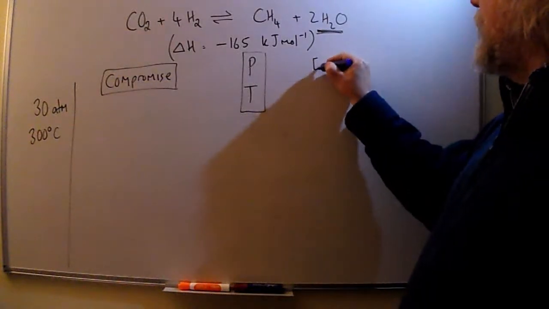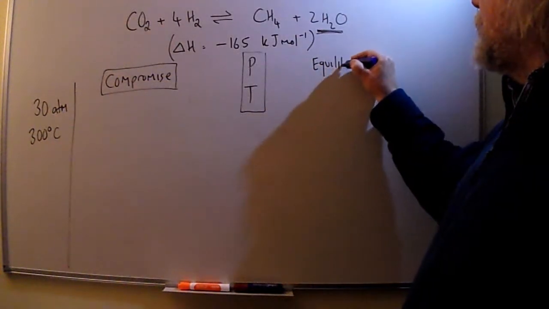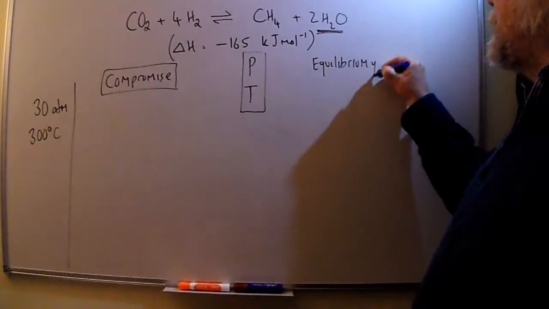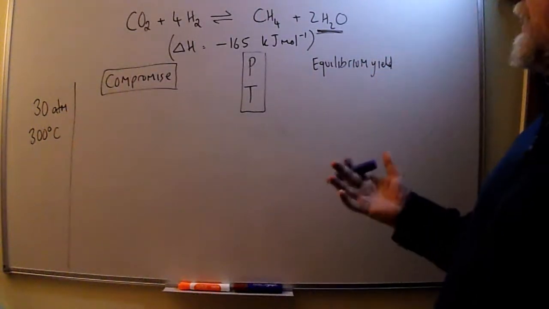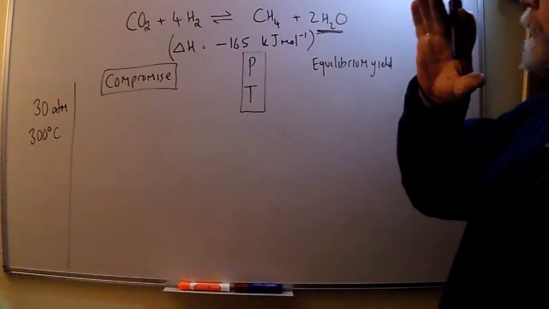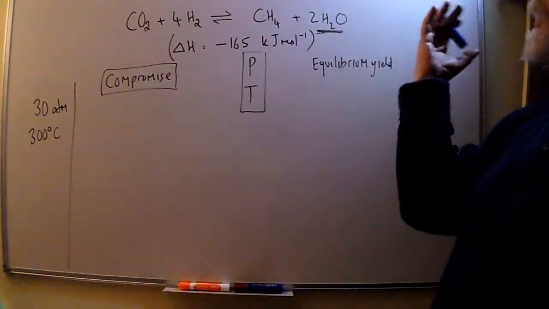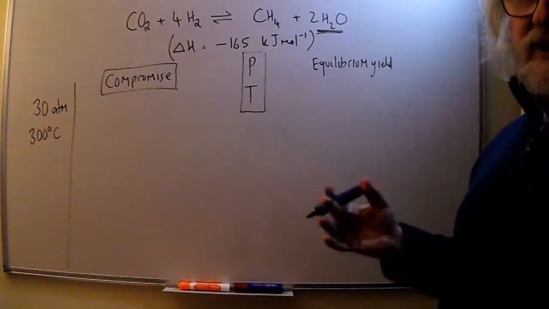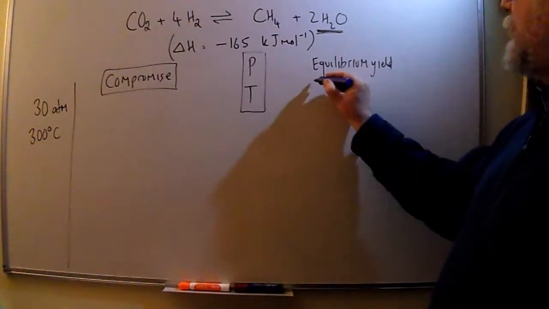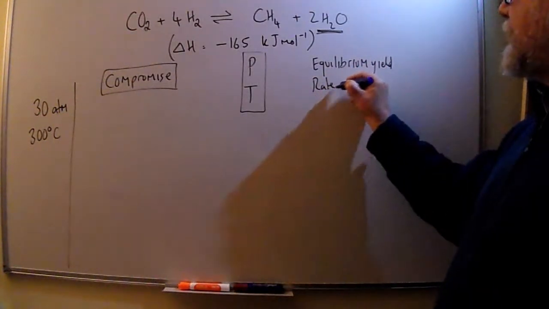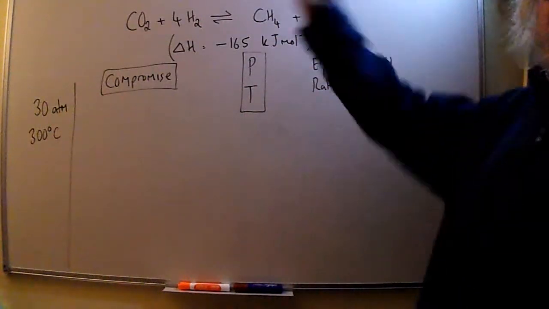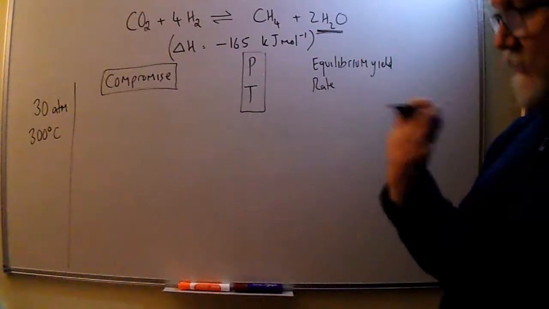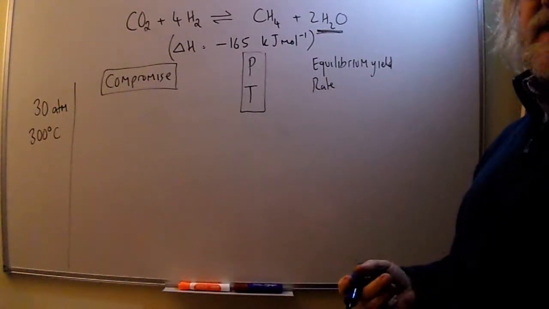The first is the equilibrium yield, and that's about using Le Chatelier to decide whether you want high or low temperature or high or low pressure to shift it in the direction that you want it to go. You have to consider the rate of reaction, because there's no point having an incredibly high equilibrium yield if it takes you years and years to get there. It's got to happen at a reasonable rate.